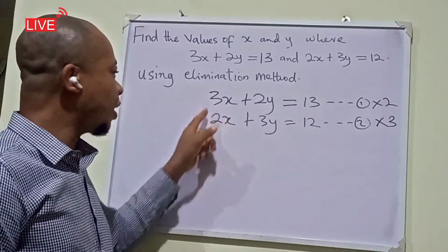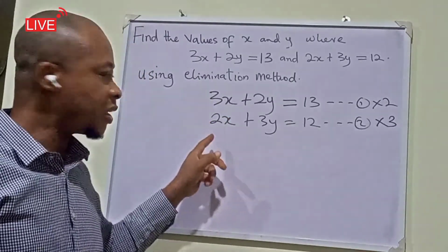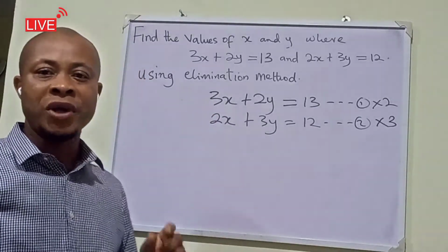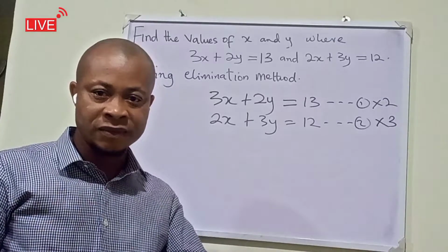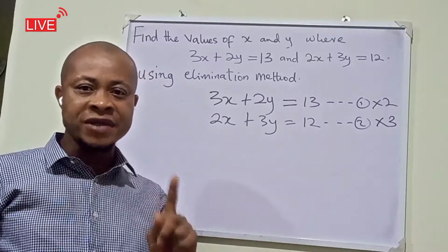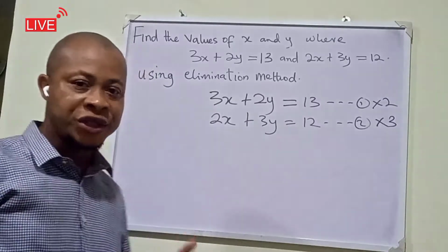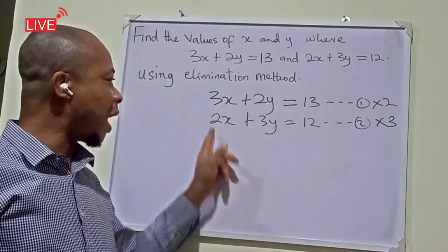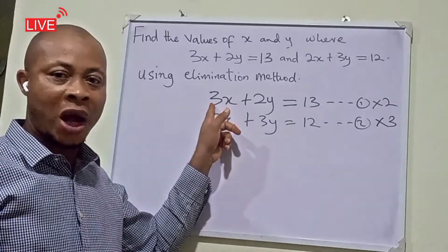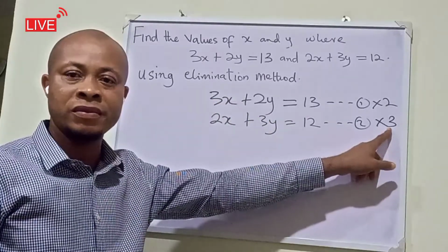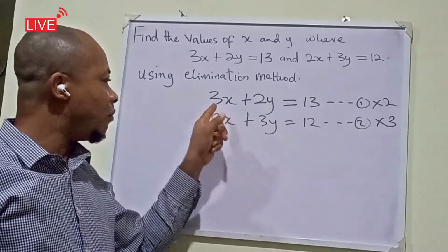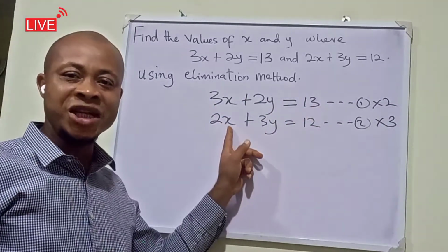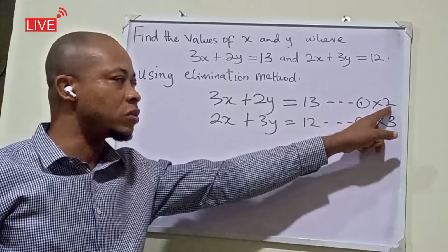Let me repeat, you want to make the coefficient of x equal so that you can eliminate x. The first rule is to multiply the whole of equation 2 by the coefficient of x in equation 1, which is 3. The same way, multiply the whole of equation 1 by the coefficient of x in equation 2, which is 2.